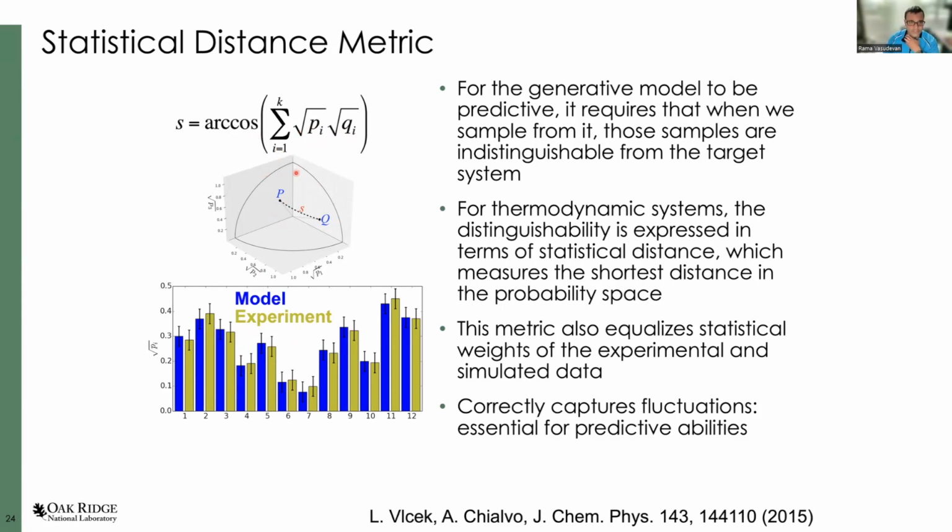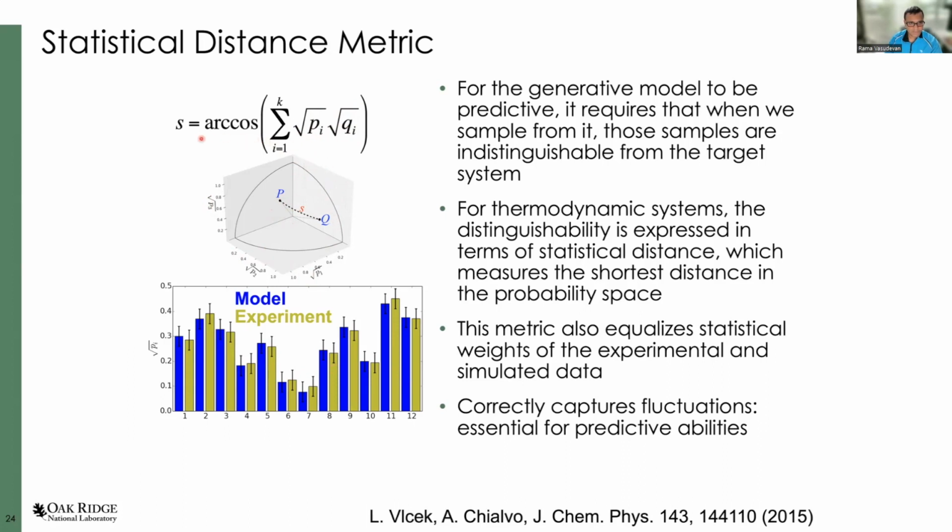Let's say I have my probability vector P, which is made up of the probabilities of these individual configurations. I also have the individual probabilities of obtaining these configurations from the simulation. So this is from the experiment, this is from the simulation. I want to minimize the distance S between P and Q, right?